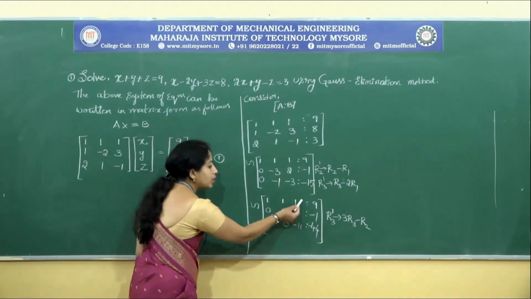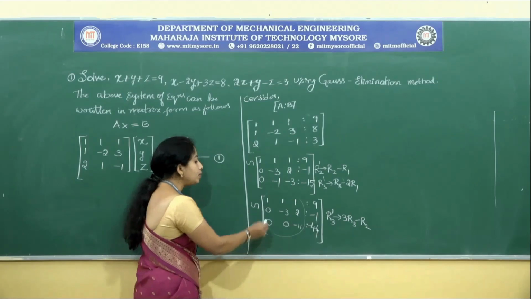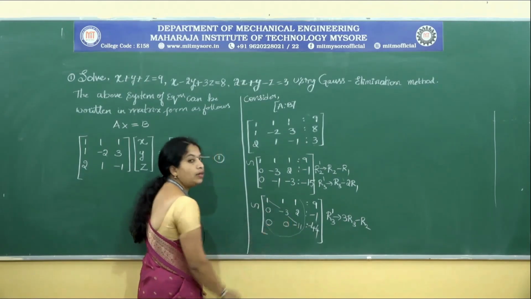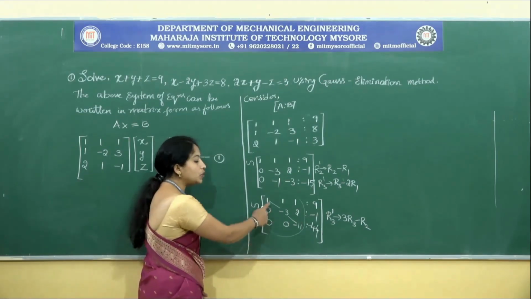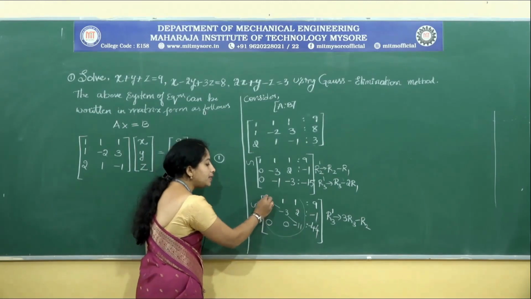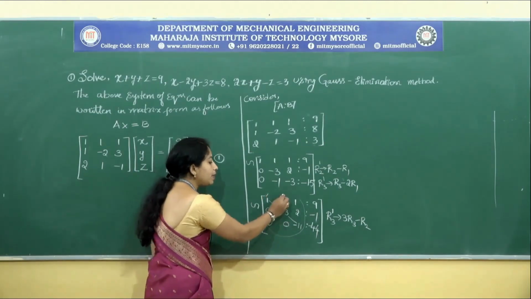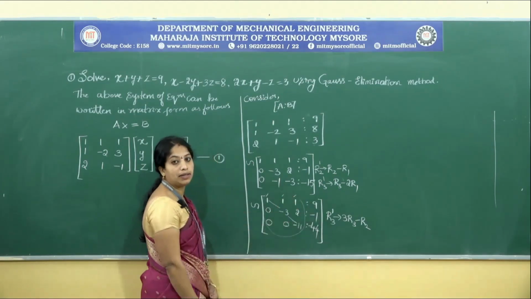Now we have reduced this coefficient matrix into an upper triangular matrix. Now to get the values of x, y, z, multiply the first element by x, second element by y, third element by z, and equate that to the constant matrix.